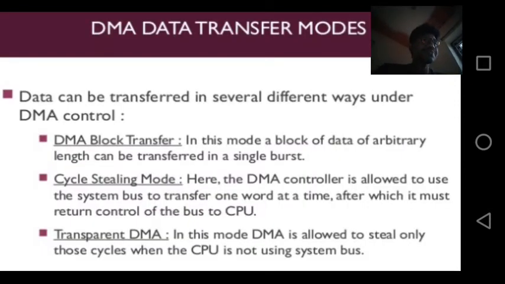Next, we see the data transfer modes in DMA. We have various data transfer modes, meaning DMA can transfer data in several different ways under the DMA controller.